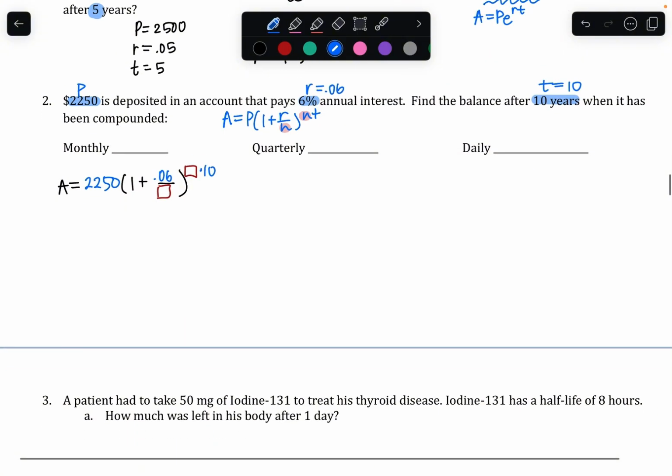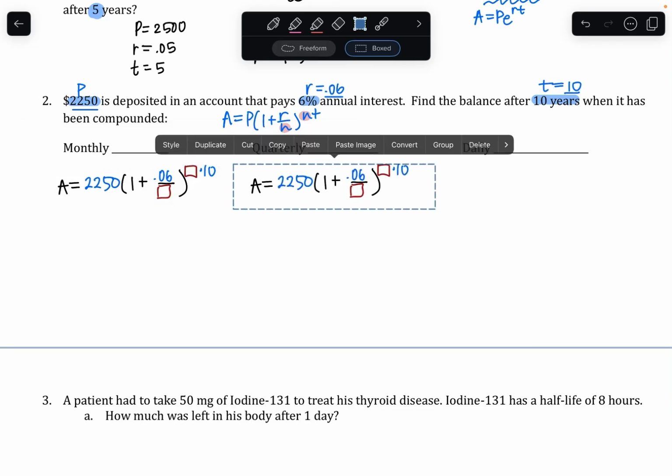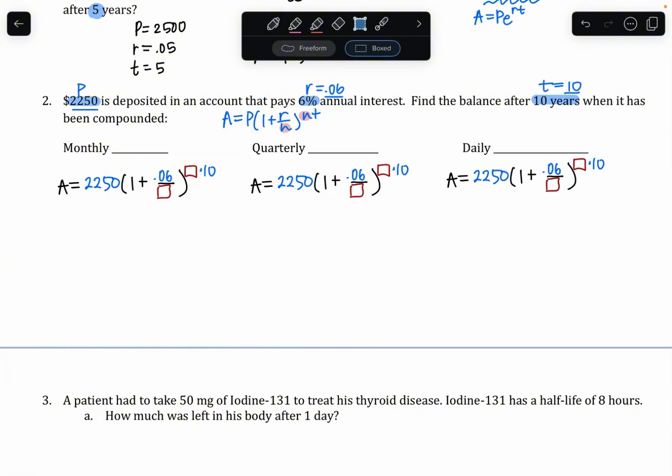Okay, so I've plugged in 2250 for P, 0.06 for R, and 10 for T. We're going to do that in each of these cases, so I am going to copy this for each one. Okay, in the case of monthly, n is 12, so I'm going to have a 12 in this box.